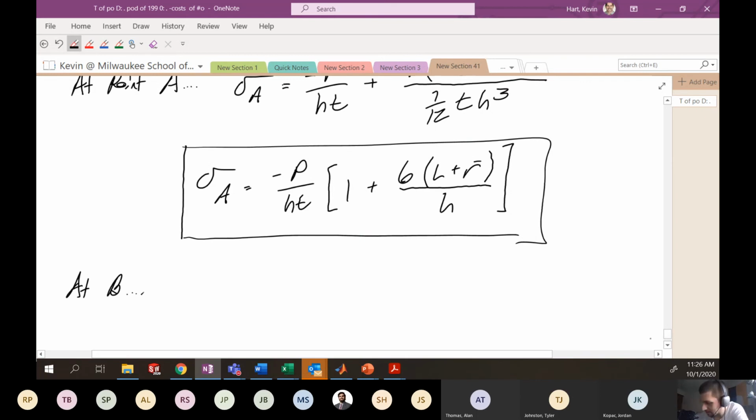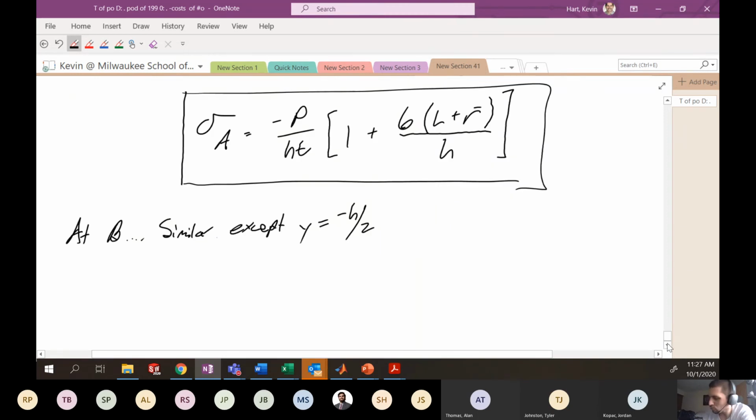At B, it's a very similar idea, except that Y value now is negative H on 2 instead of at A where it was positive H on 2.